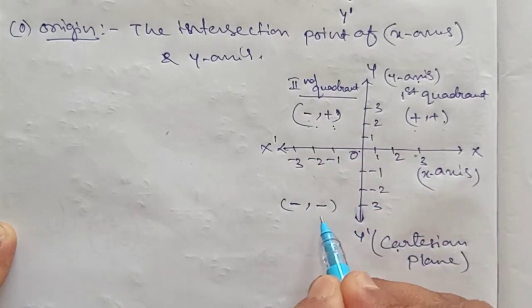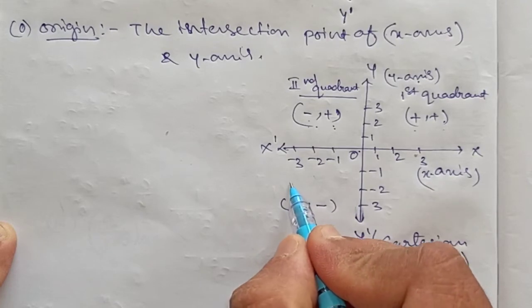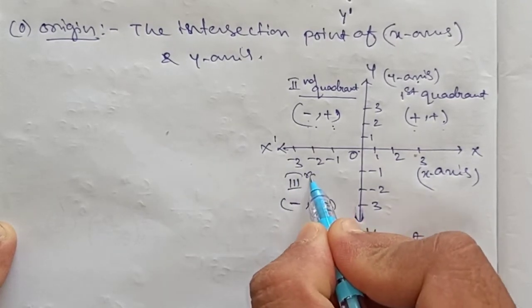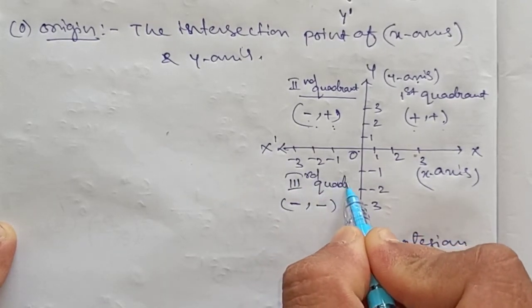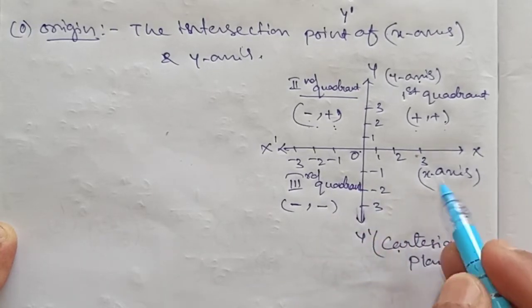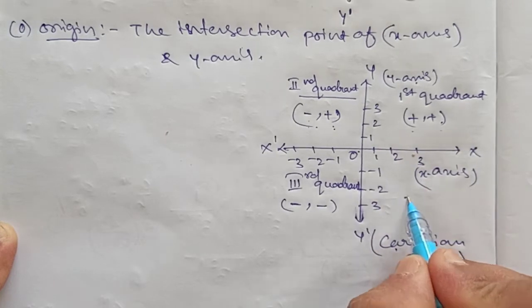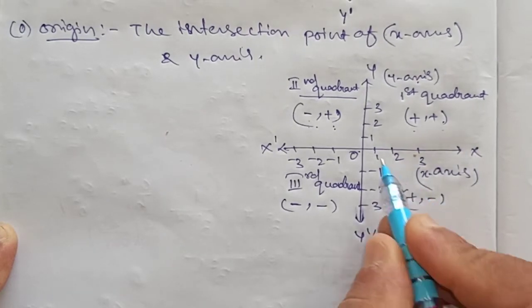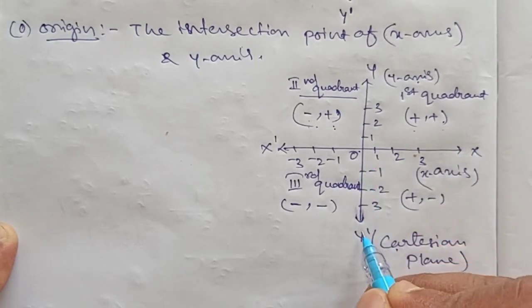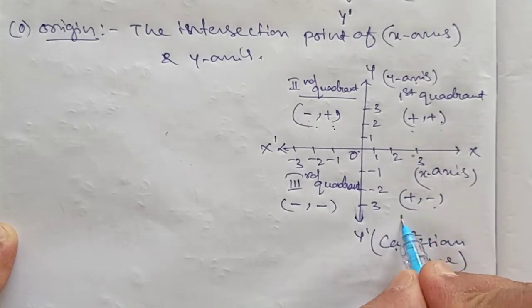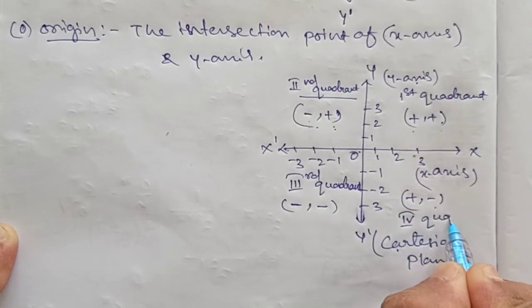Similarly, if both the coordinates are negative, then it will lie on the third quadrant. This part is called the third quadrant. Then if the coordinates are plus and minus, the x point is plus, the y point is minus, so it will lie on the fourth quadrant.